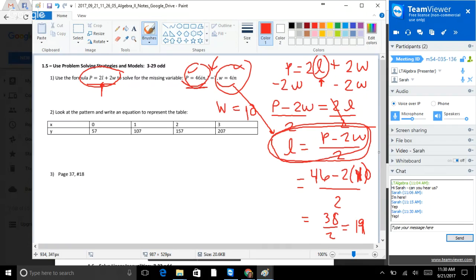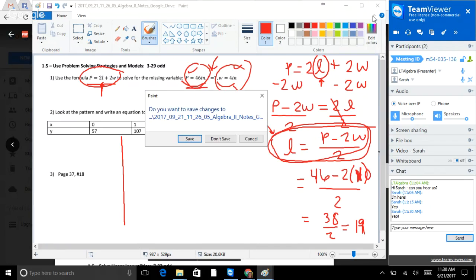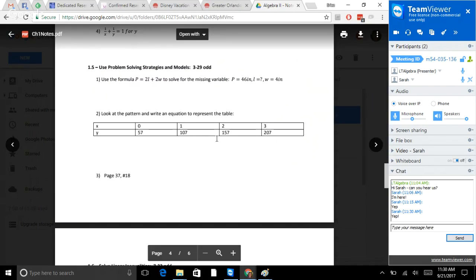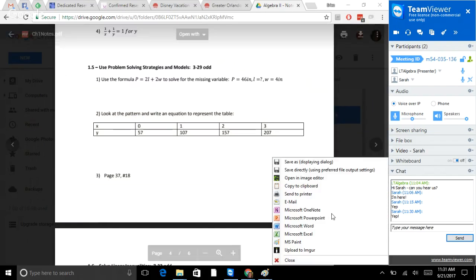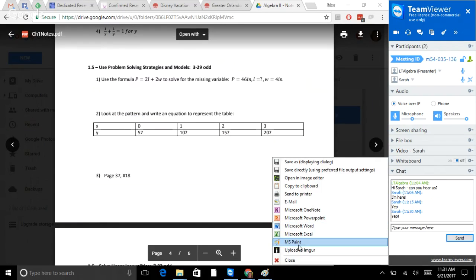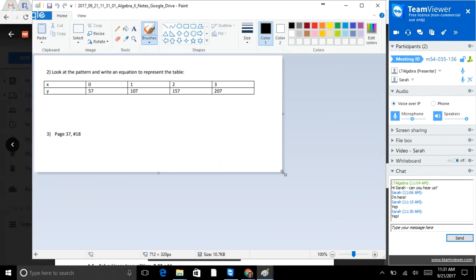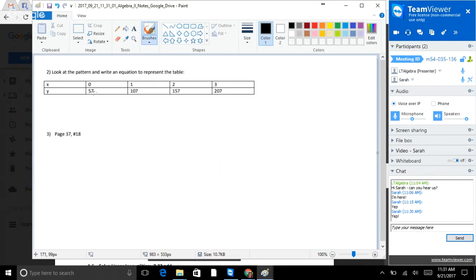The other thing we want to talk about is modeling data. So the second problem says, look at the pattern and write an equation to represent the table that's shown. Okay, so let's look at this. We've got a graph of something. I should probably start over here, so we have some more room to work with here.